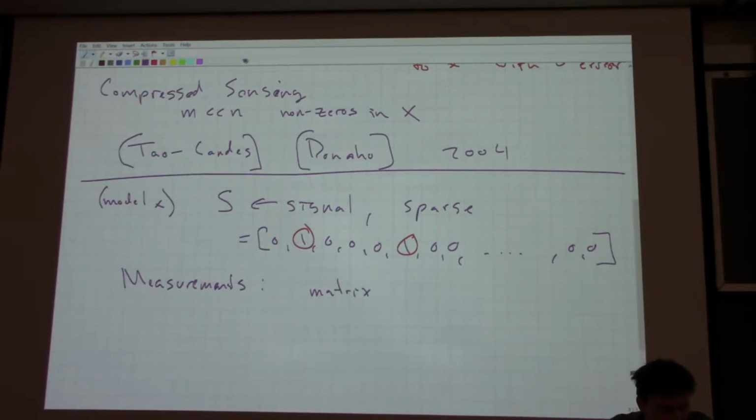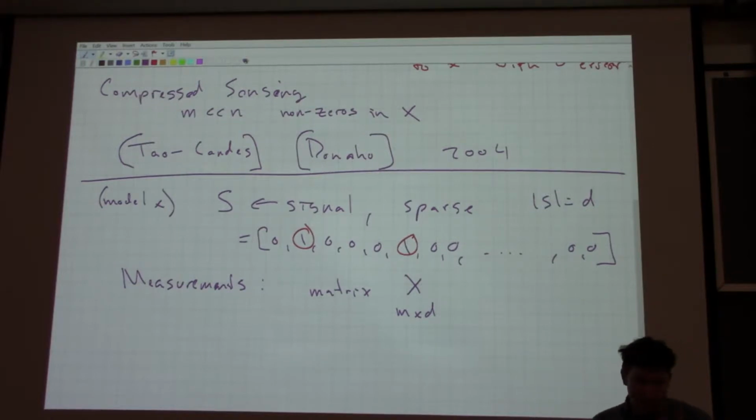And I'll say the length of S is going to be D. And so I'm going to get a measurement matrix X. And this matrix is going to be M by D. Okay?